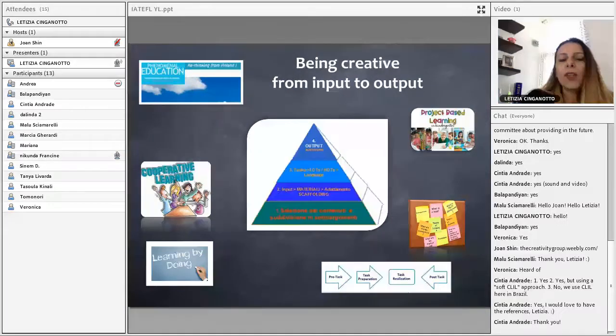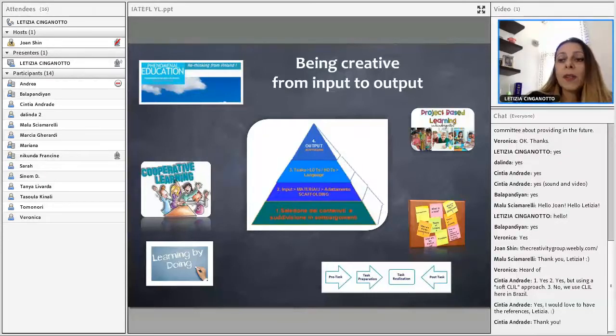So you could be creative in your CLIL learning environment from input to output. So all the steps of a teaching and learning process, starting from the input that you give your students, which of course, according to Krashen, must be comprehensible input, at a reasonable level, just a little bit more challenging, so that we can reach this zone of proximal development.